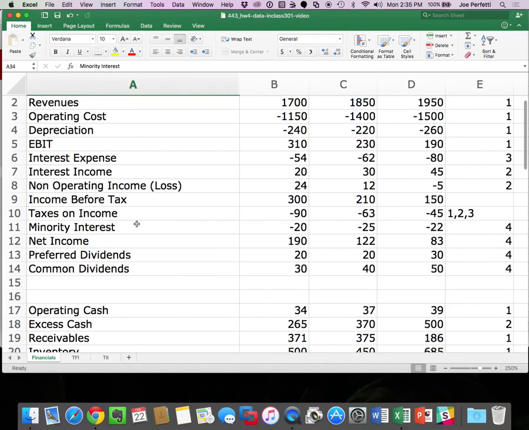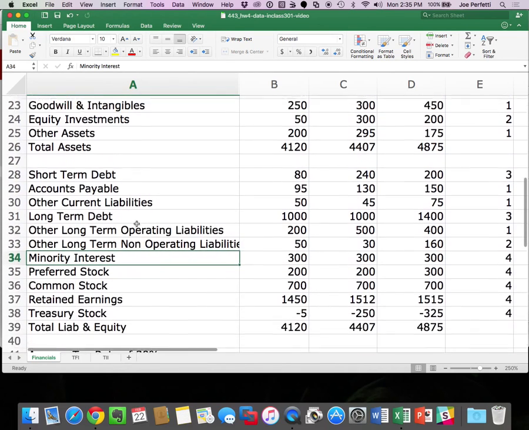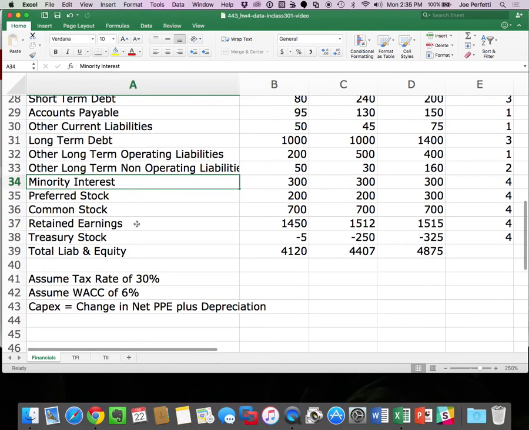It's only the equity in the assets that we've absorbed. That's minority interest on the balance sheet. Okay? So basically, on that company's balance sheet, it's an equity investment. On our company's balance sheet, it's a minority interest.